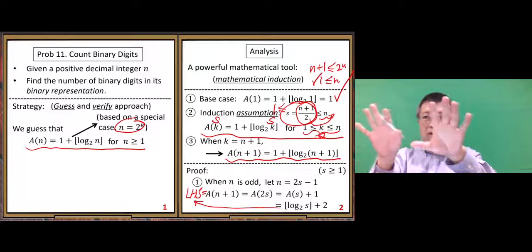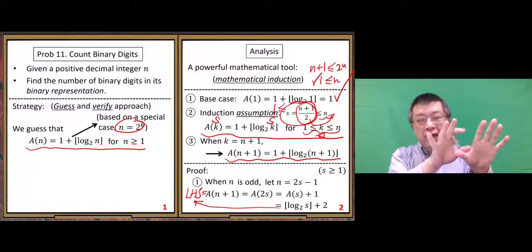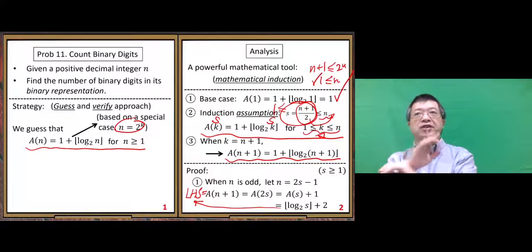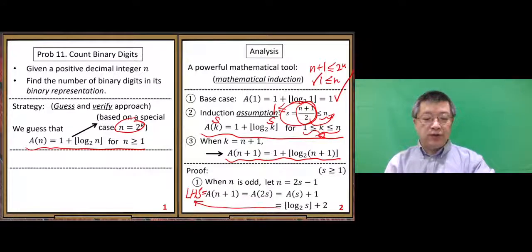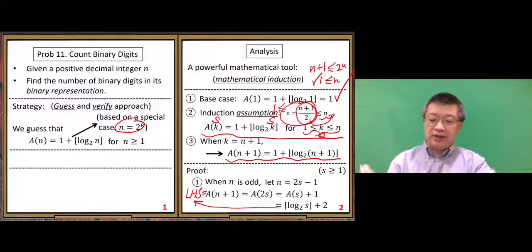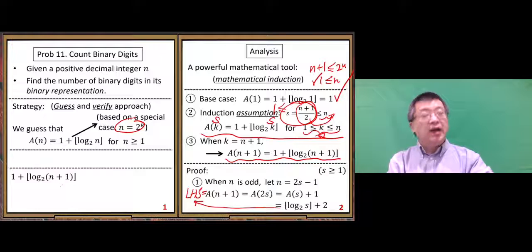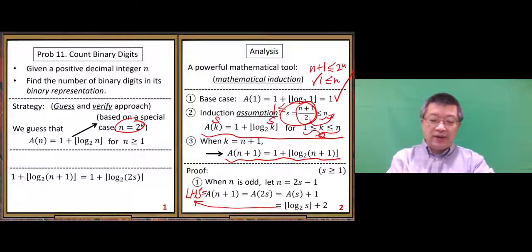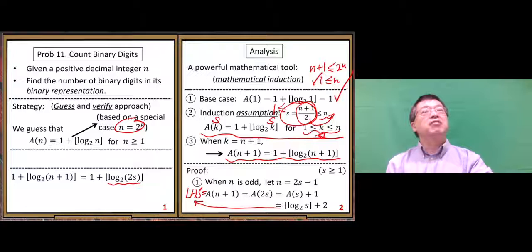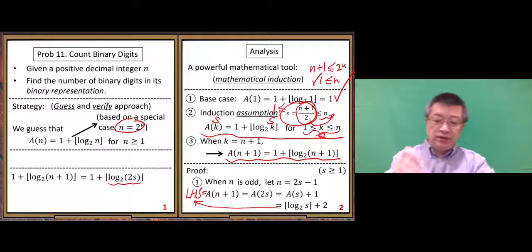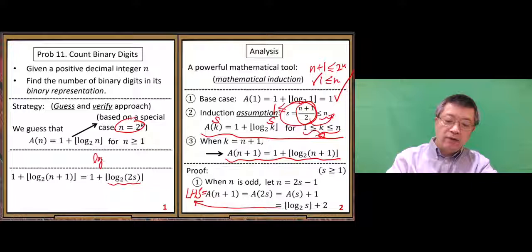We go to the right-hand side and see if we get the same thing as the left-hand side. Right-hand side, this expression. Replace m by 2s minus 1, so we get the 2s. Now let's do some formula chain. So log base 2 times s. Do you know this property?